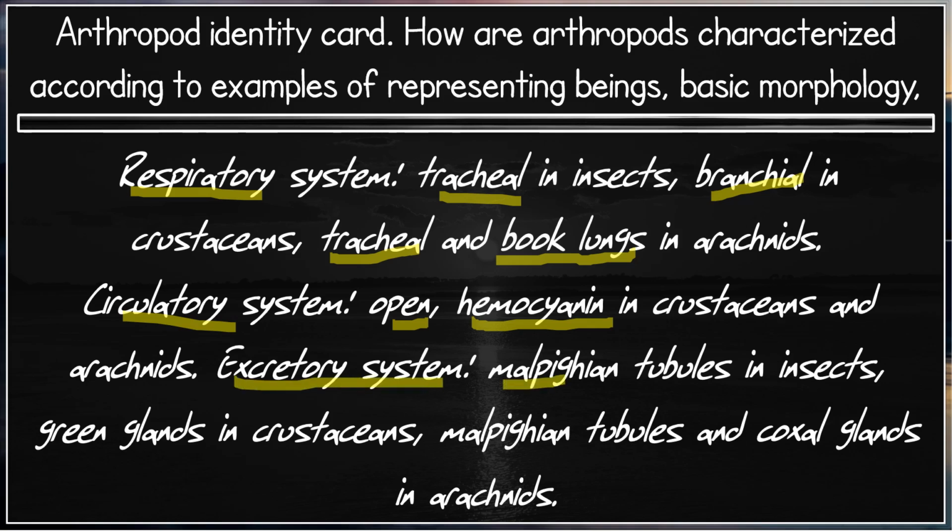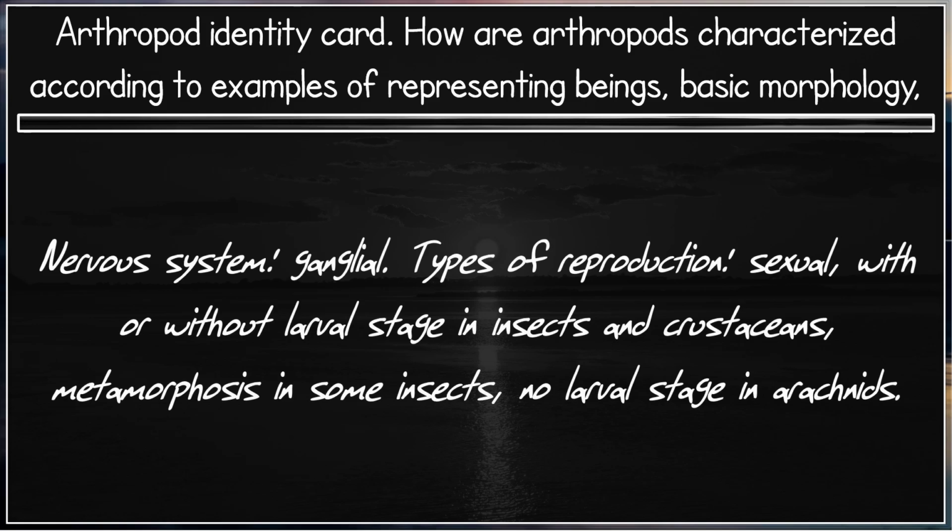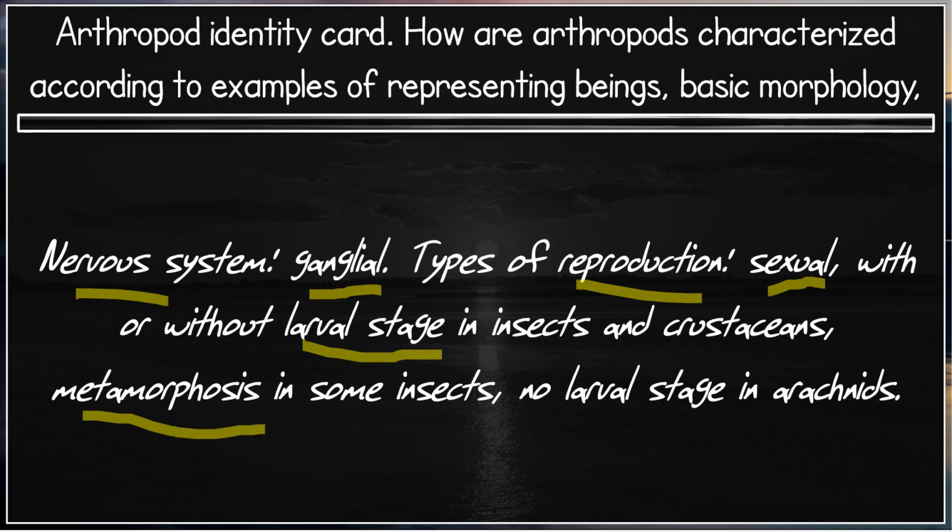Excretory system is Malpighian tubules in insects, green glands in crustaceans, Malpighian tubules and coxal glands in arachnids. Nervous system is ganglionic. Type of reproduction is sexual, with or without a larval stage in insects and crustaceans. Metamorphosis in some insects, no larval stage in arachnids.